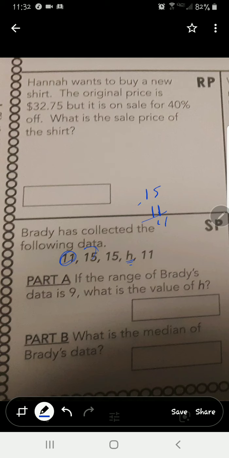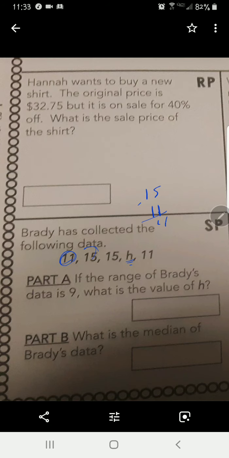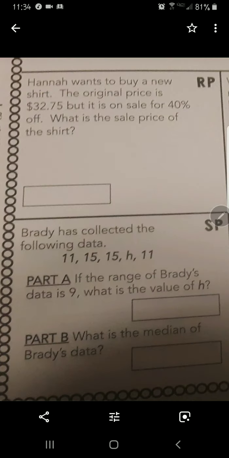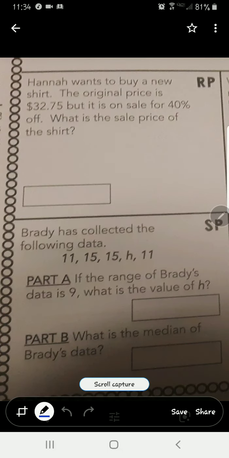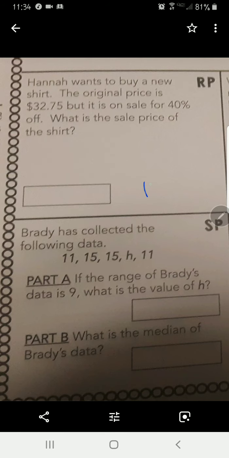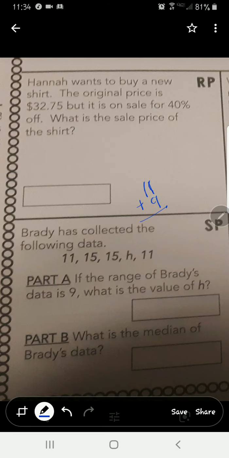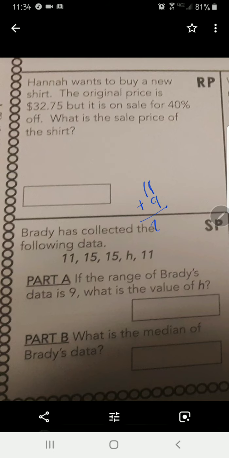To be honest, I don't really, because the range should be the highest number minus the lowest number. So you could take 11 and add 9 to it, and that'll give you 20.